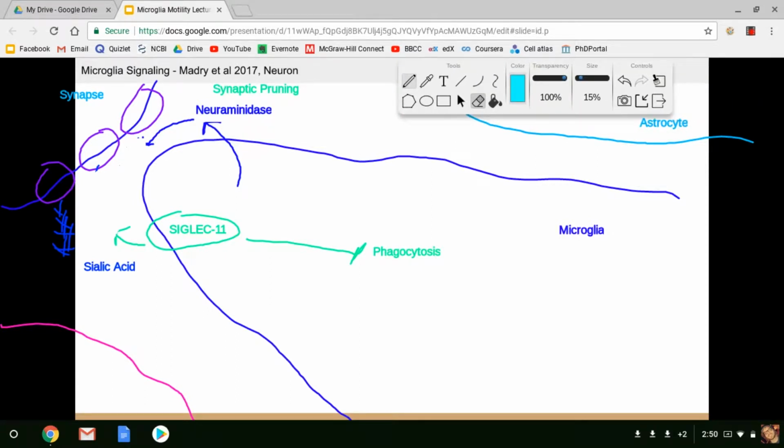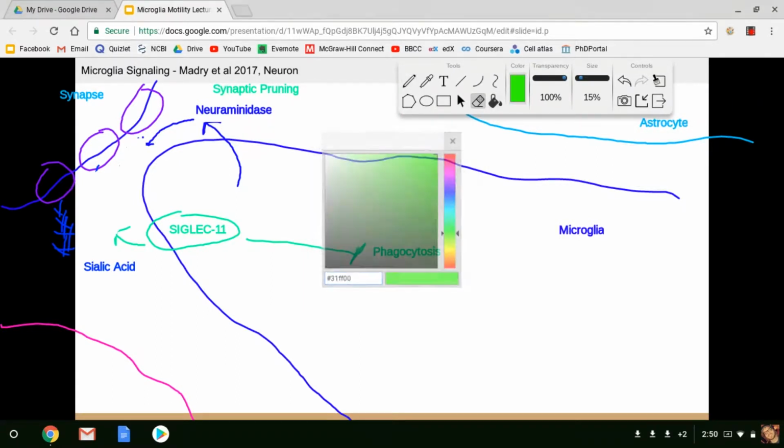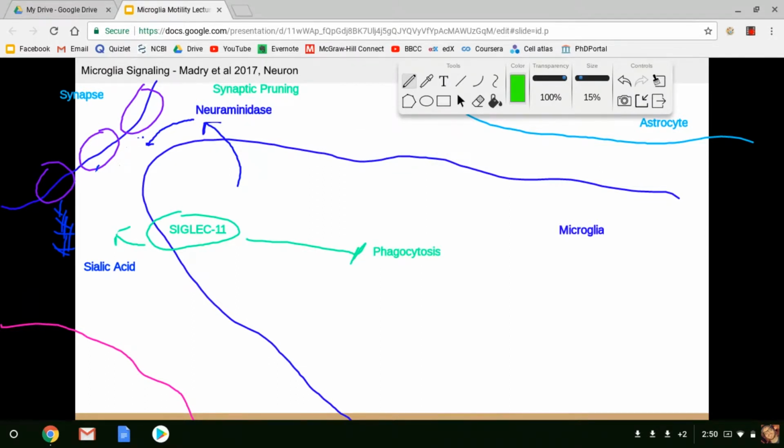The complement system kind of resembles the antibody system, but essentially what happens is neurons can release this protein called C1q. It's a complement protein that binds to desialylated receptors on the synapse. And these C1q proteins are very small. They get released and they diffuse through the extracellular matrix.